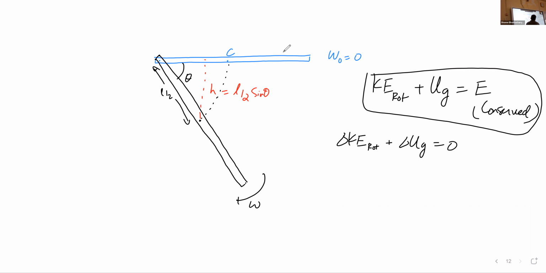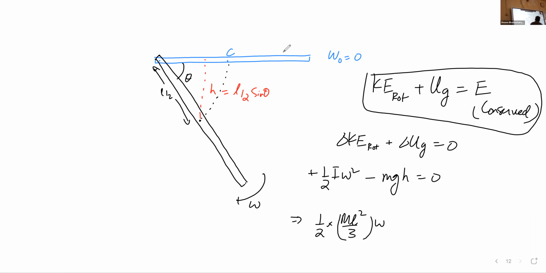Going from here to here, half I omega square minus mgh is equal to 0. So half into ml square by 3 omega square will become mgl into sine 53, which is 4 by 5. We are taking theta as 53.